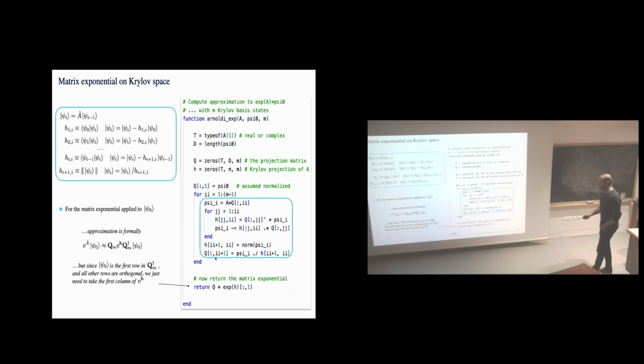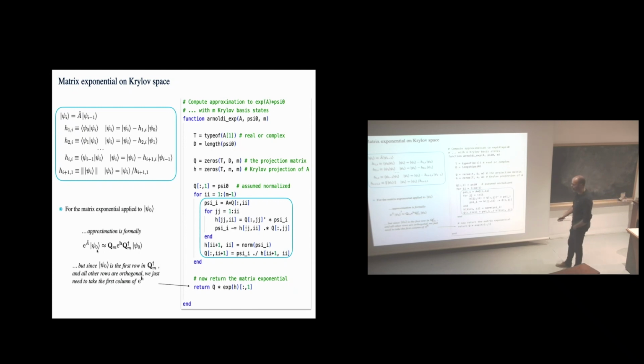And then I do the matrix exponential. All of the hard part is actually hidden here in this tiny thing. This is a full matrix exponential, but now for a very small matrix, because for the Krylov vectors I choose something on the order of 10, so a matrix exponential is essentially free. Technically, what I do is what I wrote in the equation here. I have my initial state, I project it to the Krylov space with this Q_M dagger matrix, I do the matrix exponential, and then I project it back into Hilbert space.